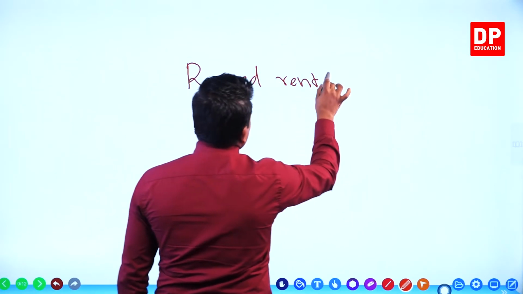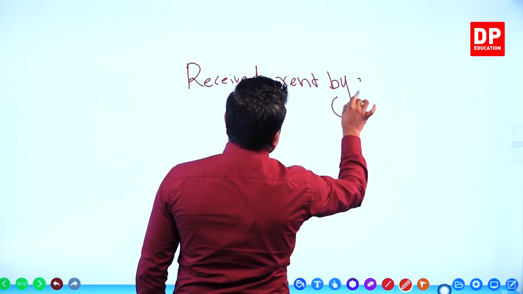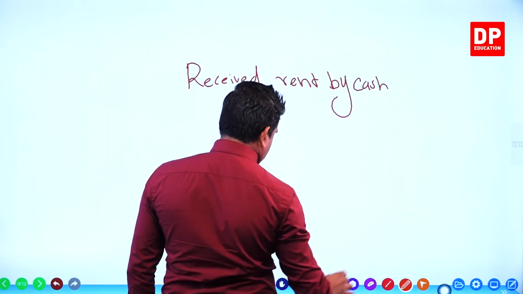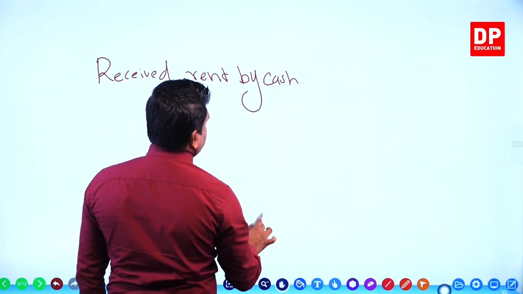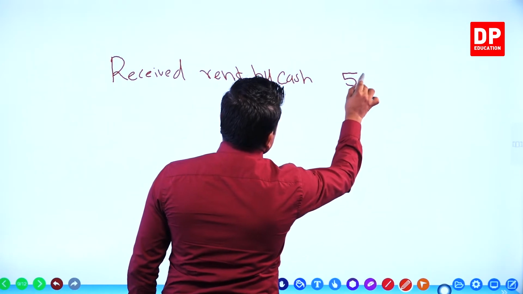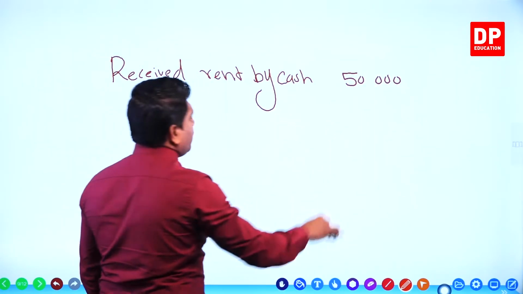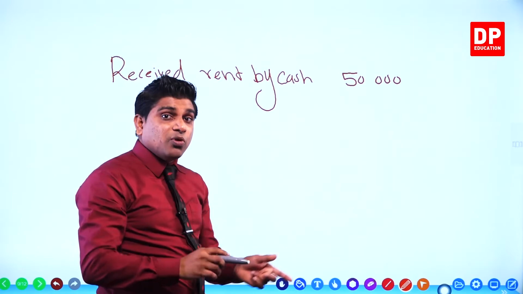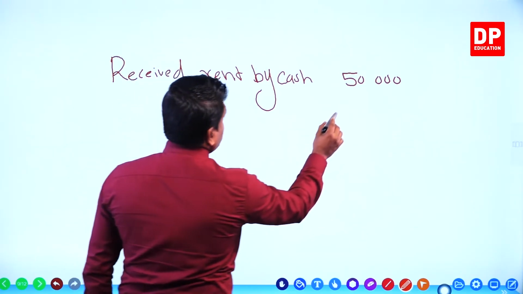Received rent by cash: 50,000. Even though you have received 50,000, you have to receive 10,000 more.